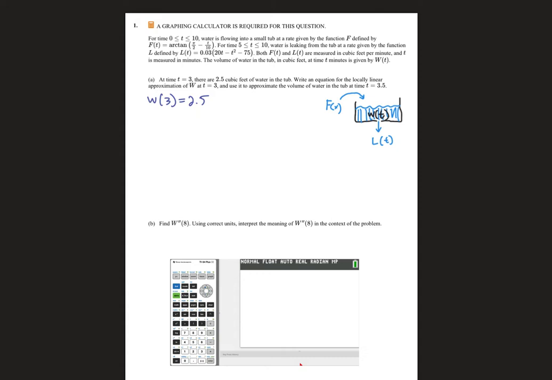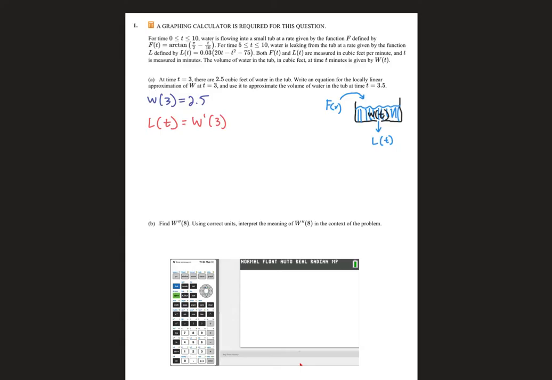Okay, so just in general, for whatever function you're trying to find the linear approximation of, so here we're trying to find the linear approximation of W. So we'll say the linear approximation L of t is the slope, which is the derivative of W, times, and this is at t equals 3.